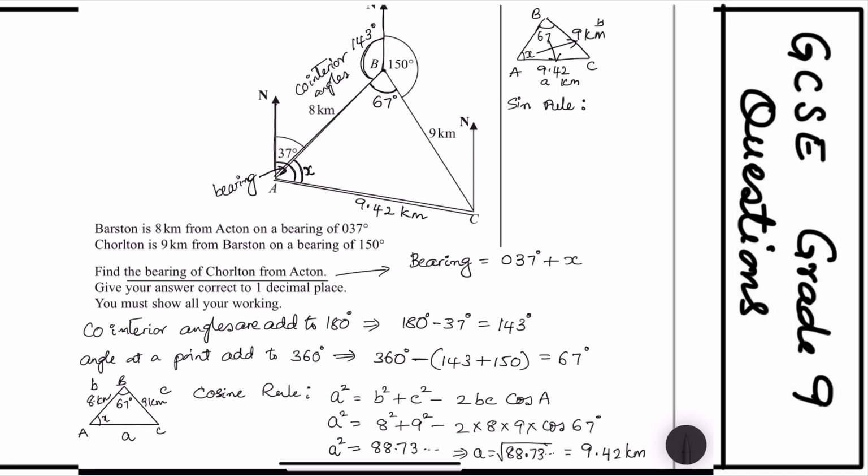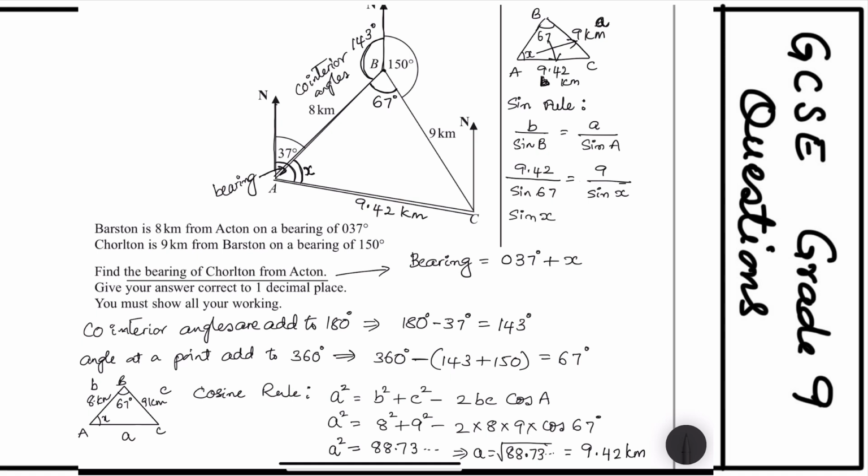So the sine rule is a over sine A equals b over sine B. So the b value is 9.42 over sine 67 is equal to 9 over sine x, and rearrange the whole thing to sine x.